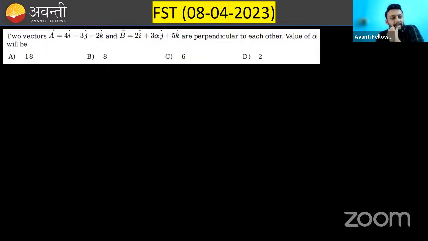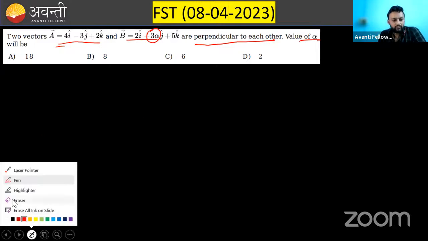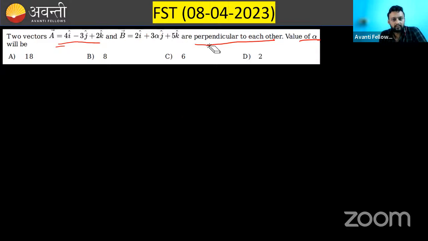Now this is again a very simple question. Two vectors A and B are perpendicular to each other. Then value of alpha. Where is alpha in this situation? This is alpha. Okay, so I am removing this part. Let's solve it.